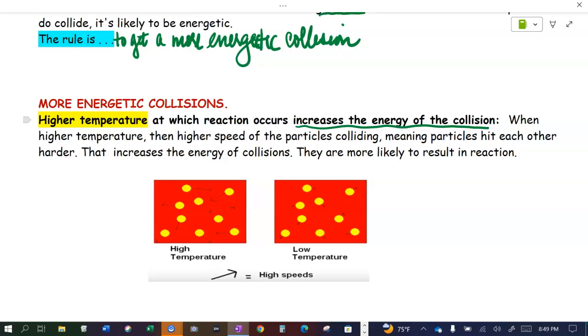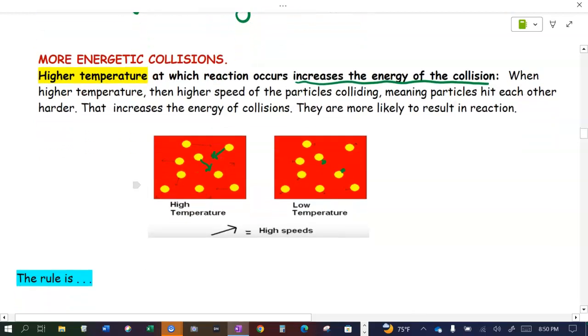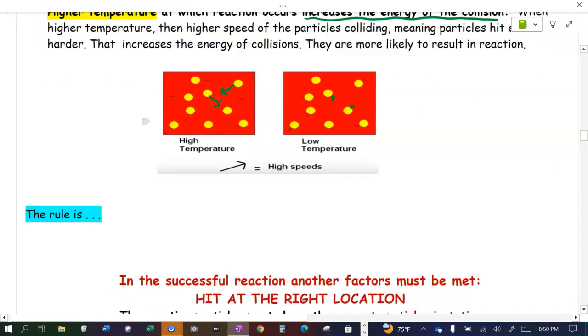So at a high temperature, the particles are moving faster, and that's what these vectors are showing. All right? The length of the arrow shows the speed. And you can see at low temperature, the particles have much smaller vectors, and they're clearly not moving as fast. All right. So that increases the energy of the collision when you have fast-moving particles.